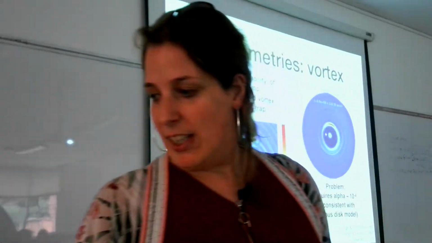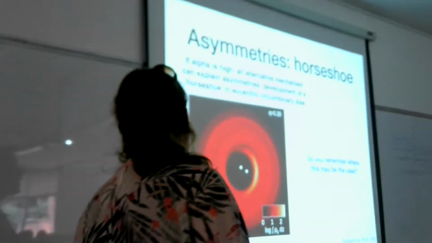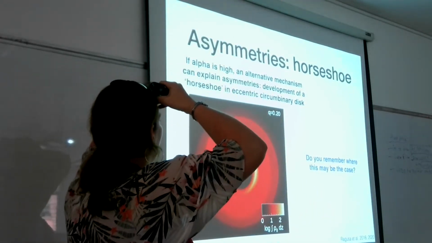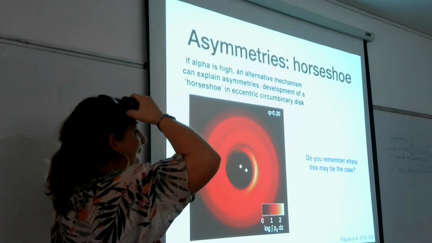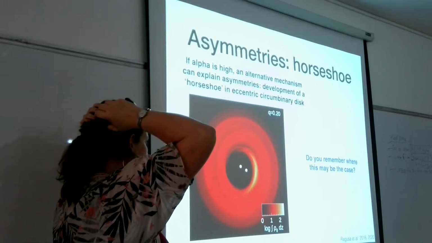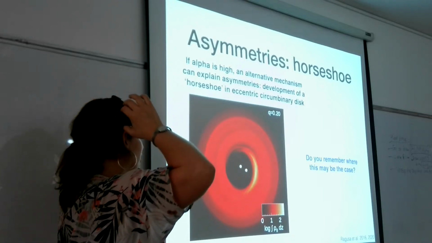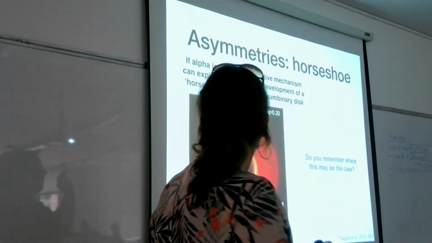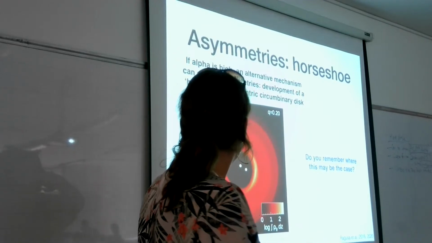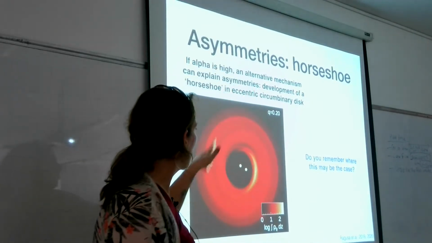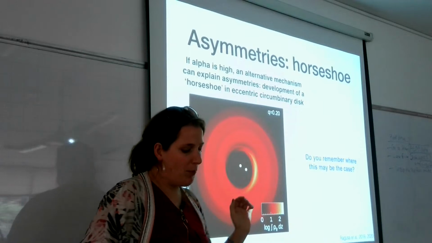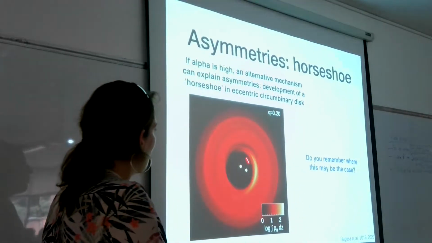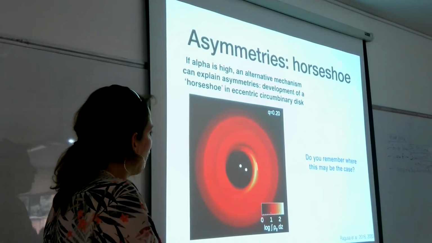So there was this alternative explanation that came from another group, where they knew from, I think, black hole accretion disk simulations that a certain binary disk can become eccentric, and then the eccentricity results in a so-called horseshoe.